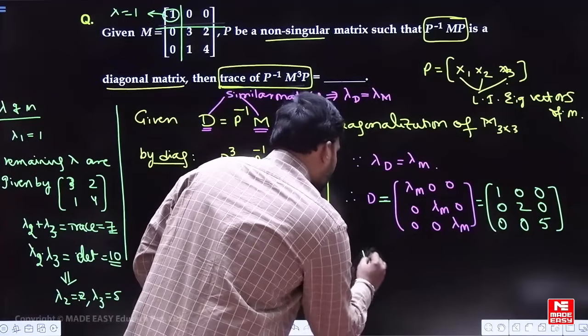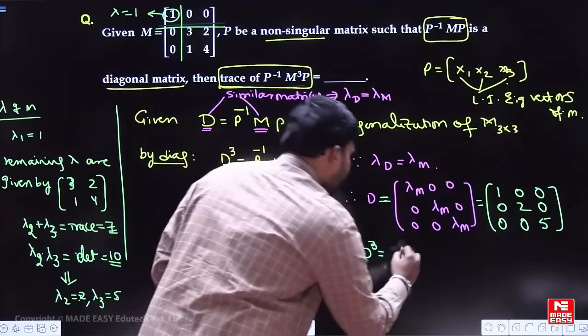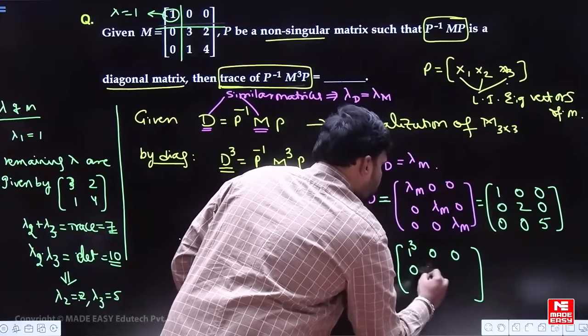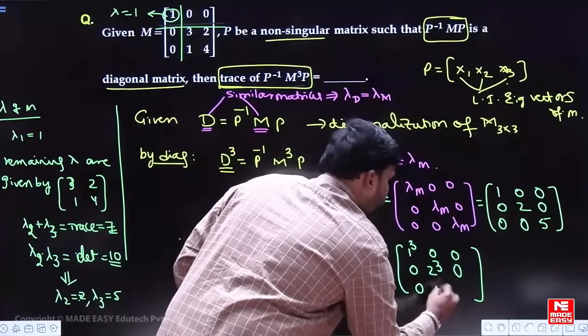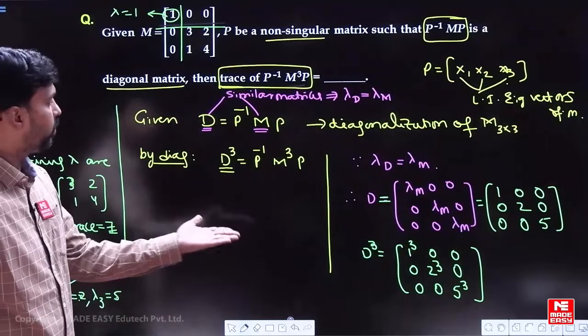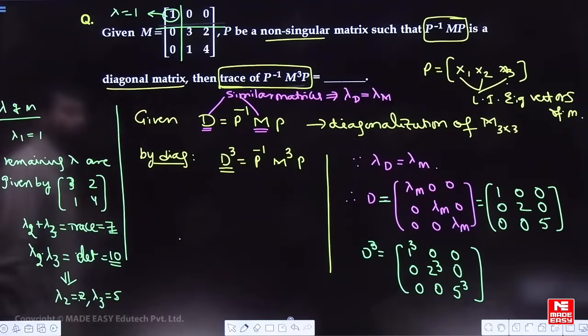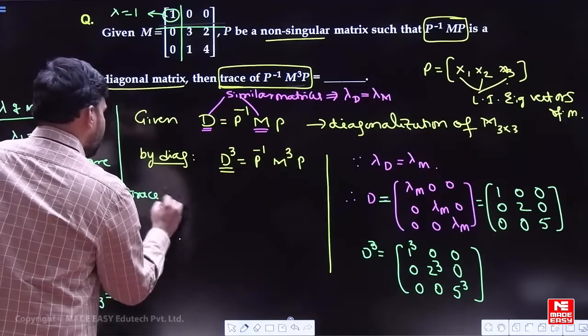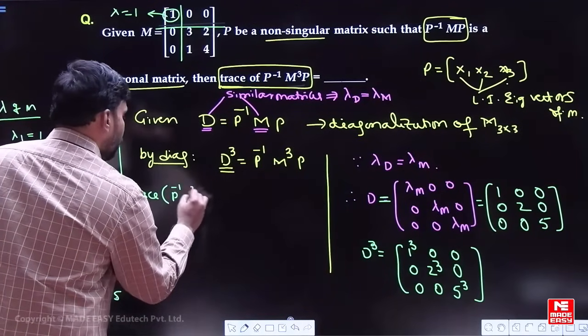Now D cube will be what? D cube will be just 1 cube, 2 cube, 5 cube on the diagonal, with 0 elsewhere. So this is D cube, my dear students, right? Once you get this, what is the trace of P inverse M cube P?